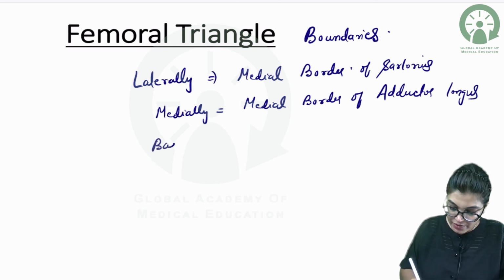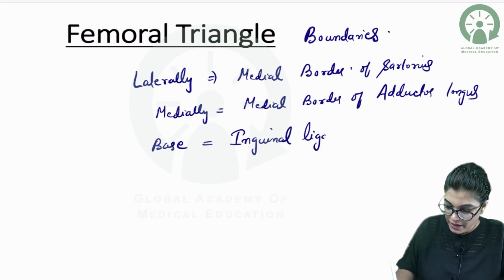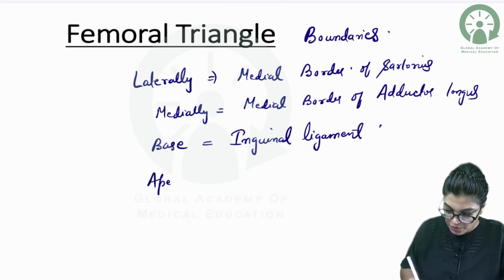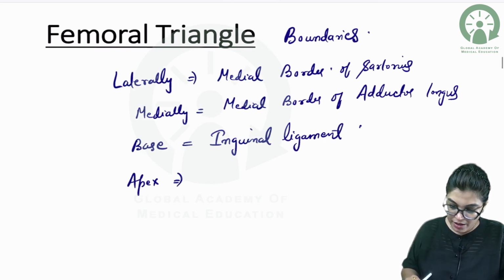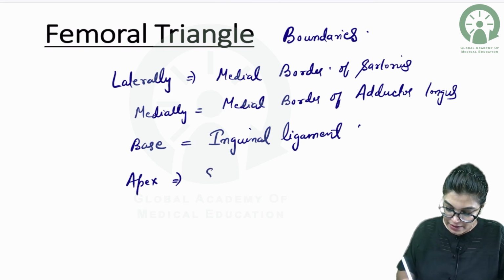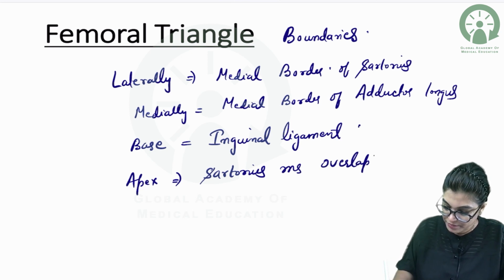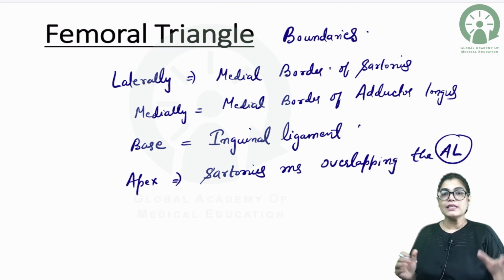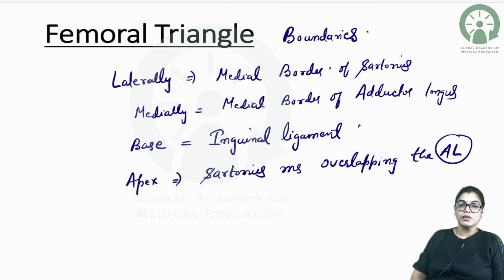Coming to the base, the base is formed by inguinal ligament and the apex is formed by sartorius muscle overlapping the adductor longus muscle, or you can say the meeting point of the lateral and medial borders forms the apex.